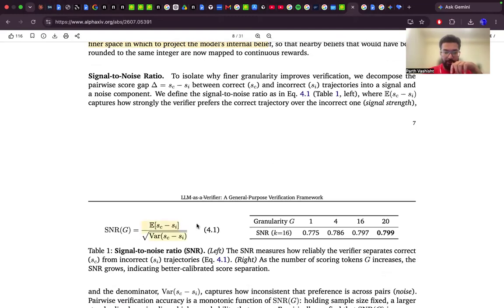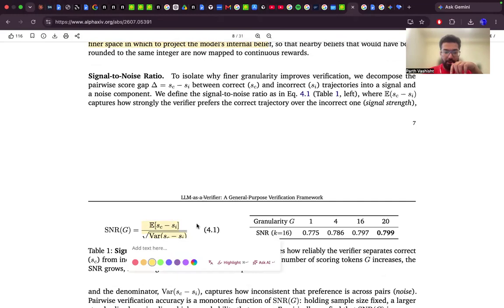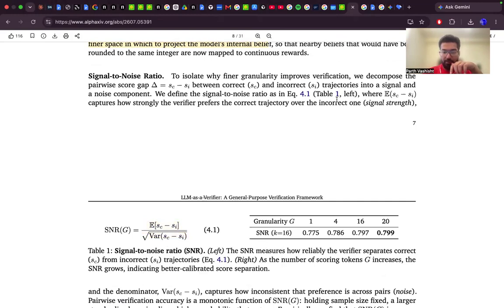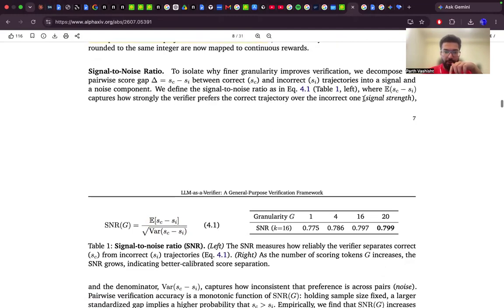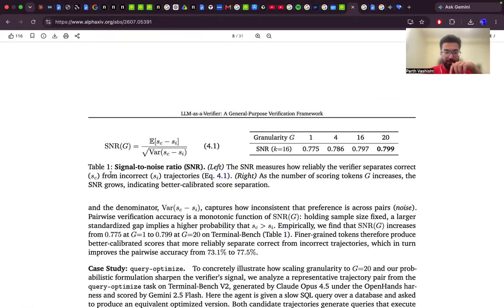So basically what they do is the expectation of the correct score minus the incorrect score, normalized by the standard deviation, where E[S_C minus S_I] captures how strongly the verifier prefers the correct trajectory over the incorrect one, which is the signal strength. SNR_G equals E[S_C minus S_I] over the variance of S_C minus S_I.